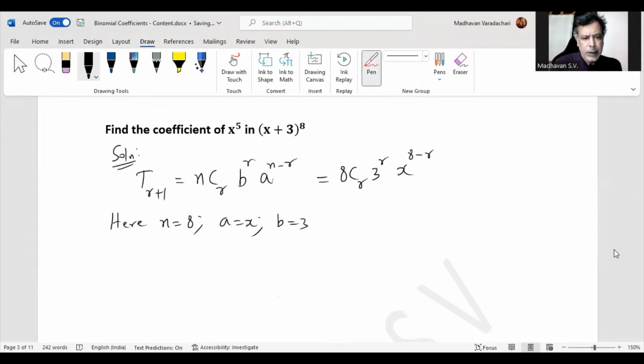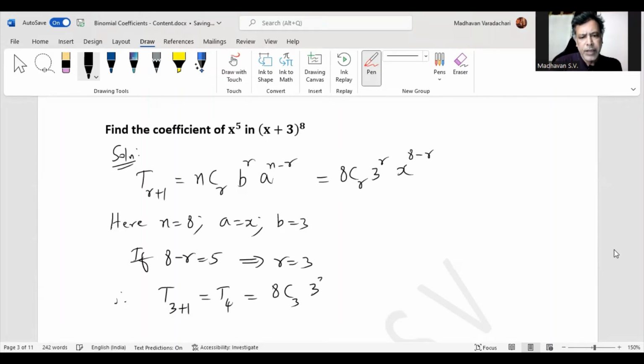So, if 8 minus r is equal to 5, then r will be 3. Therefore, we can write this t r plus 1 as t 3 plus 1, which is nothing but term 4, means r is 3. So you will have 8C3, 3 to the power of 3, x to the power of 8 minus 3, which is 5.